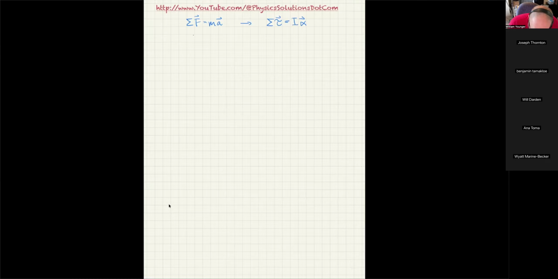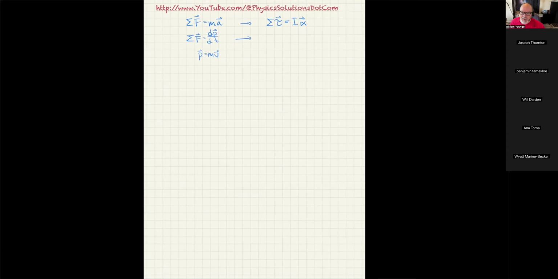Now we also learned that the summation of the forces is equal to what Newton actually said, which was dp/dt, where p is equal to mass times velocity. All of this that I'm talking about right now is dependent on us studying classical physics.